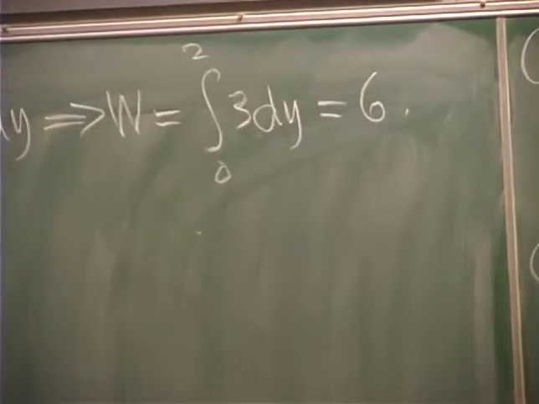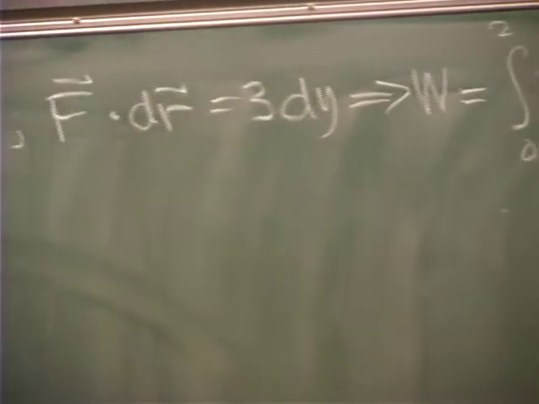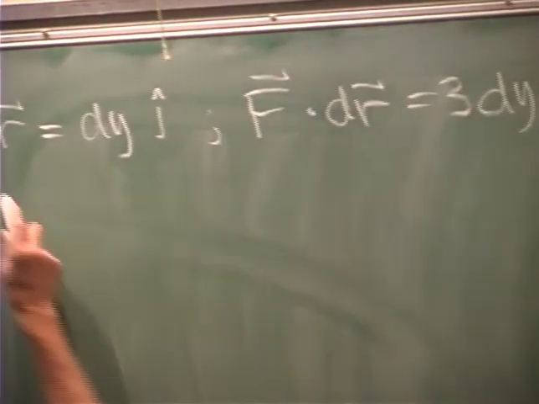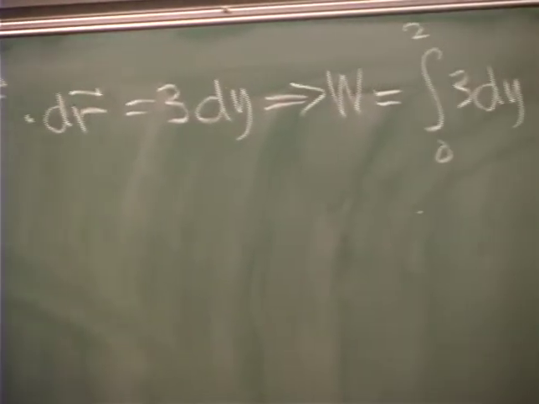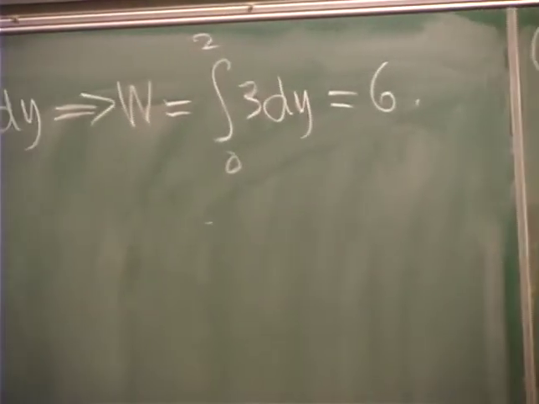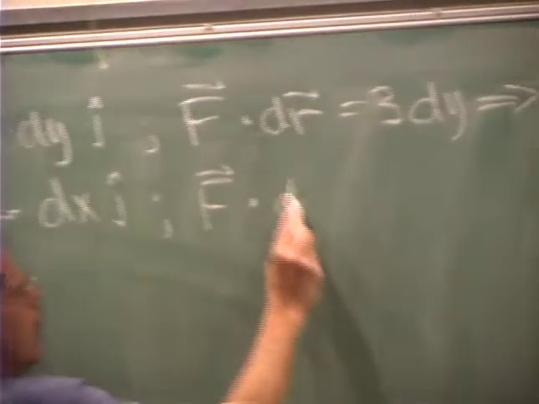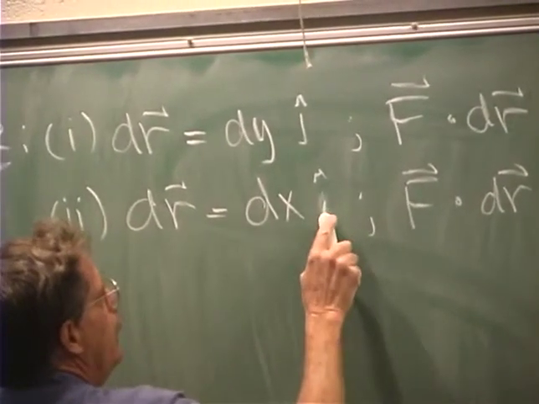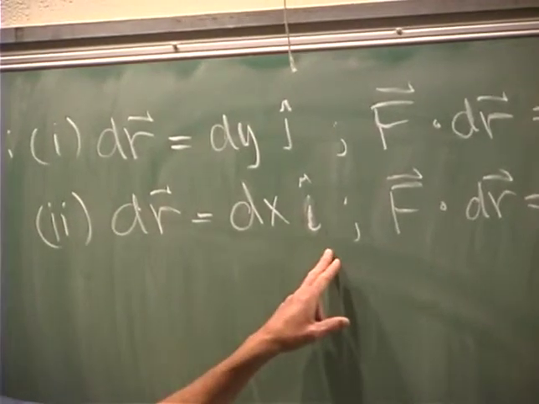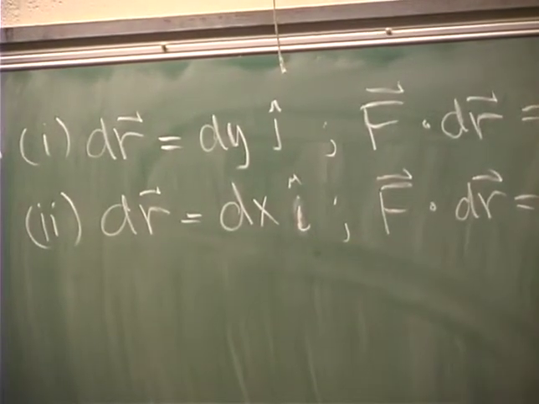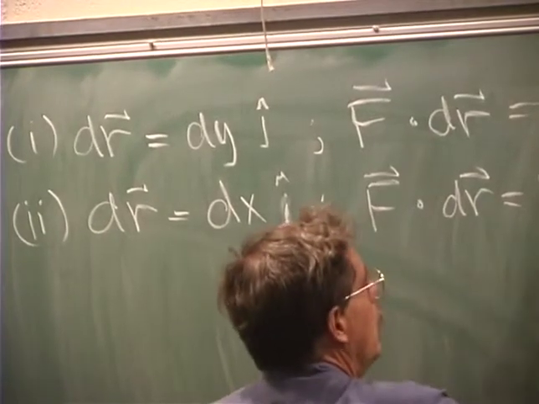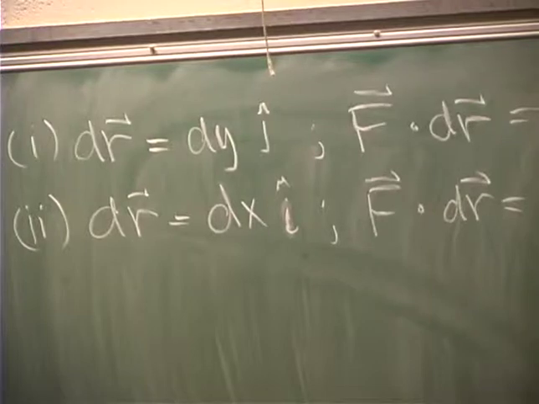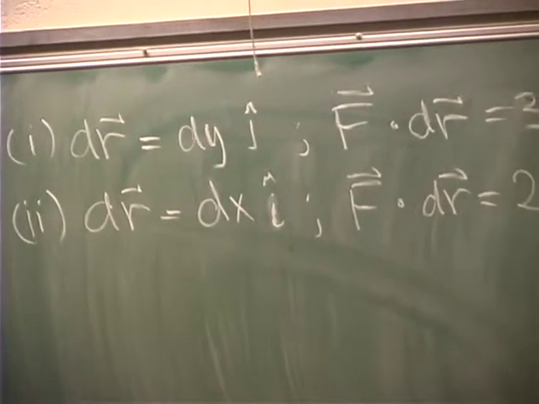Now comes the punchline. If I go now along the top here, this time dr is again in the x direction. It's dx times i hat. F dot dr picks out the x component of F. That's 2y, dx. This time, what is y along that leg? 2.